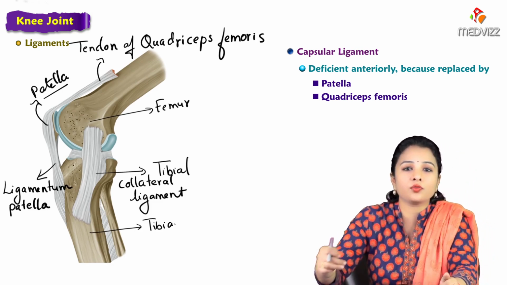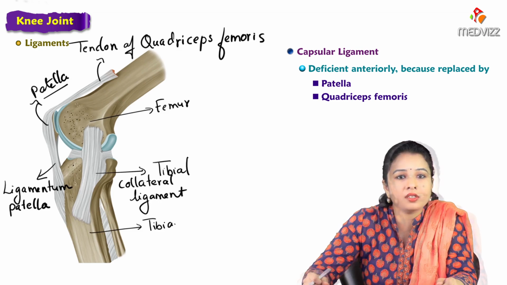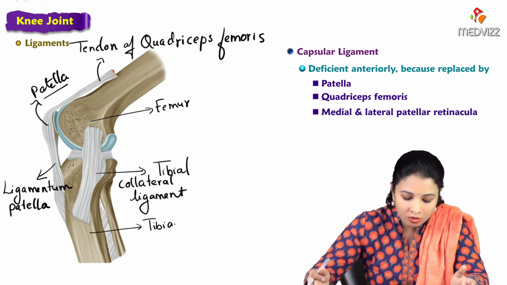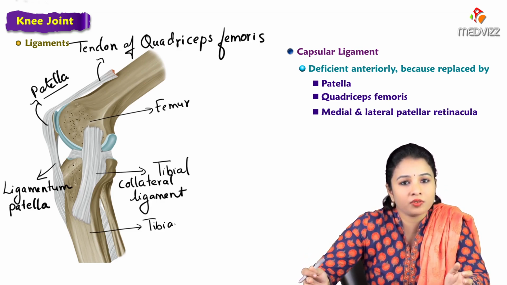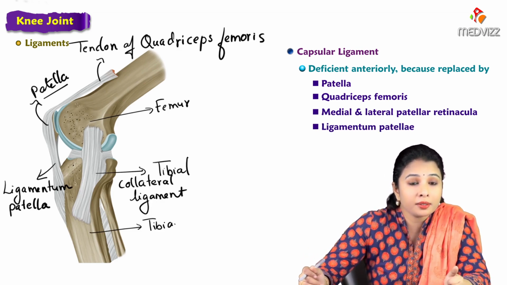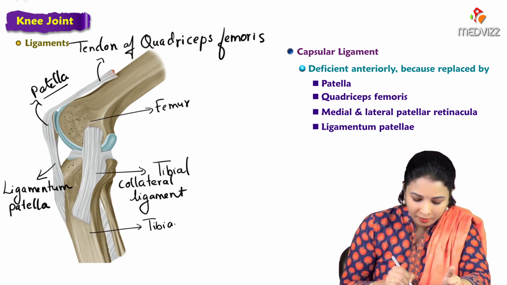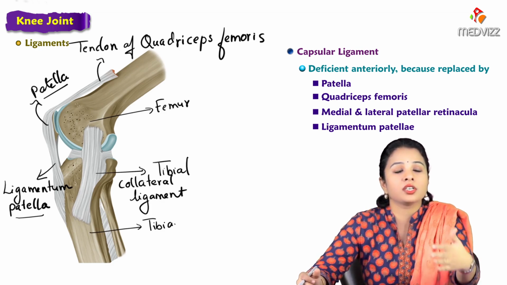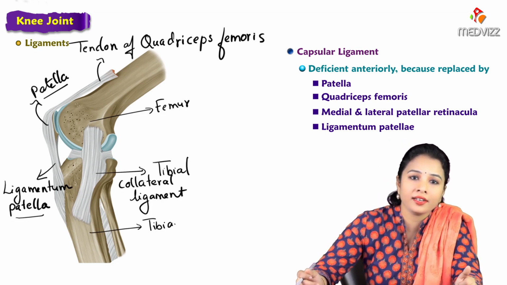So here is the tendon of quadriceps femoris muscle, and medial and lateral patellar retinacula, which are also extensions of this quadriceps femoris muscle, and ligamentum patella. So we can see the ligamentum patella. So these are the anterior structures which make the capsule deficient anteriorly.